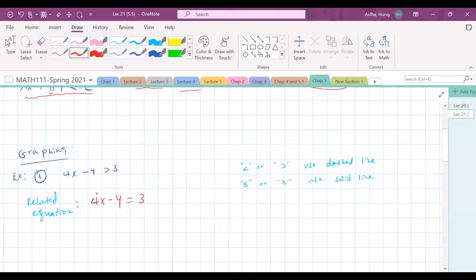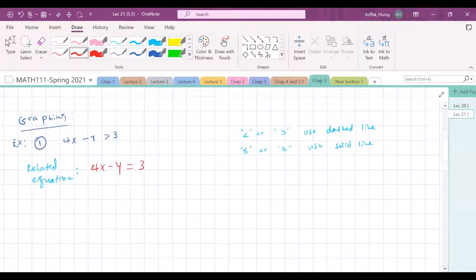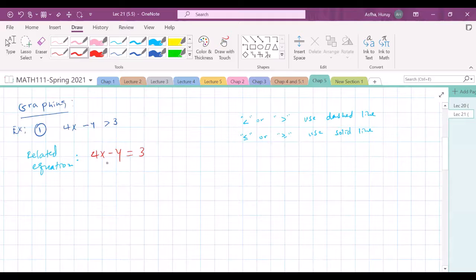Now we know how to plot this. Let's rewrite this in slope-intercept form. So this is y equals 4x minus 3. So as you can see, we have the related equation, and let's graph this equation now.